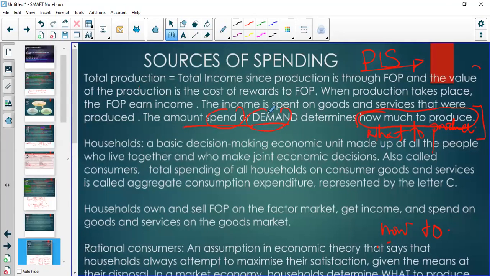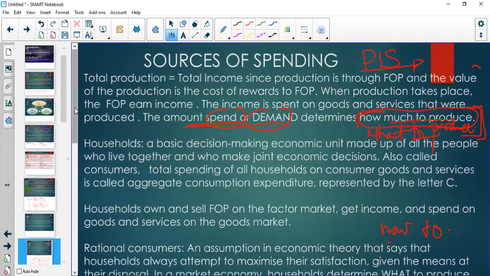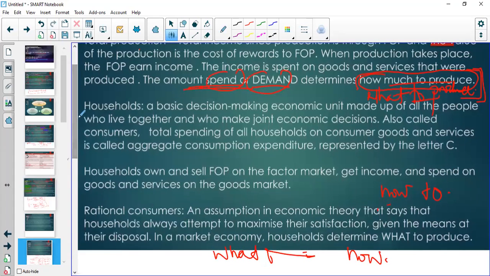So if there's demand for solar, then that demand is instructing producers to produce more solar goods and services. So the amounts spent will determine what to produce and how much to produce. So we are trying to answer those 3 fundamental questions.